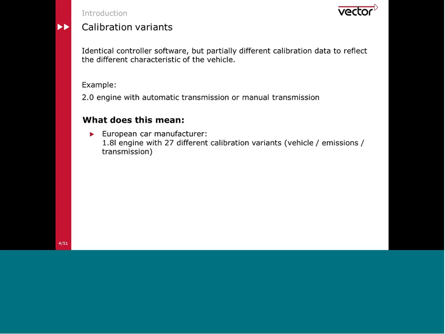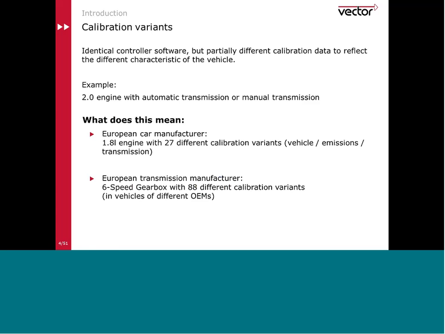Now, what does it mean in reality? One of our customers, a European car manufacturer, runs 27 different calibration variants for his 1.8-liter engine, built in different vehicles, different emission classes, and different transmissions.